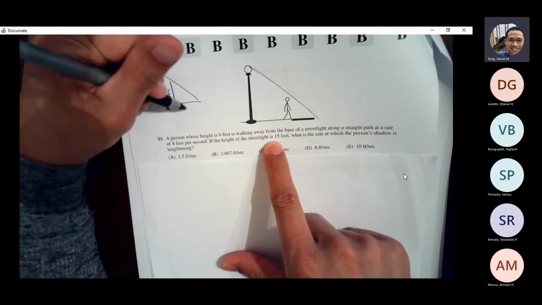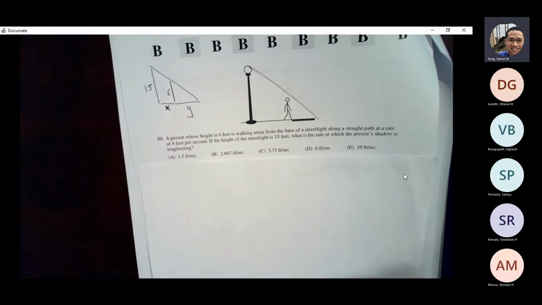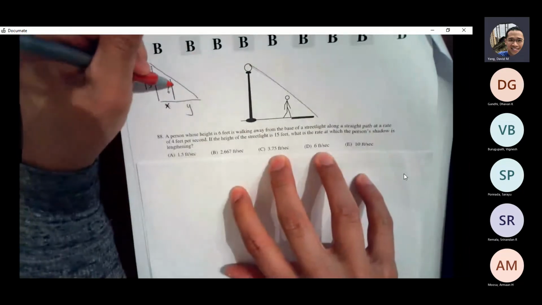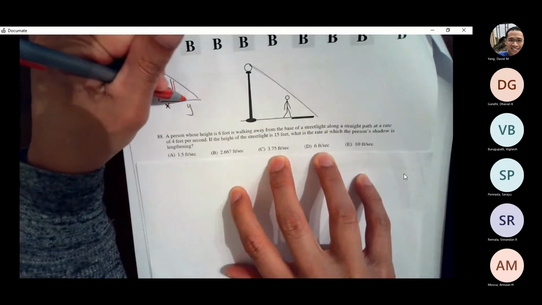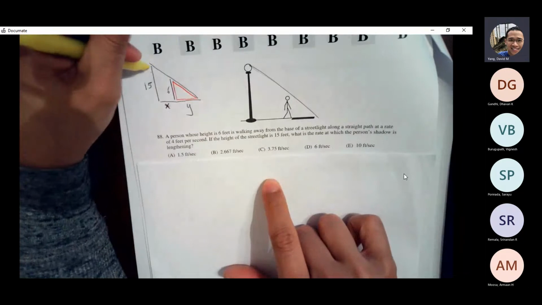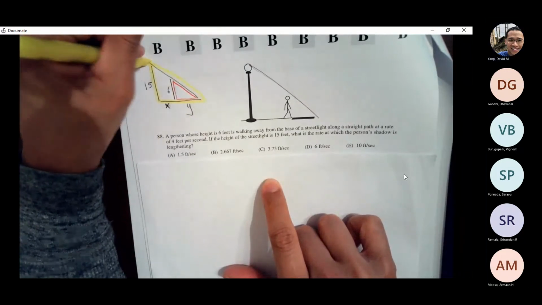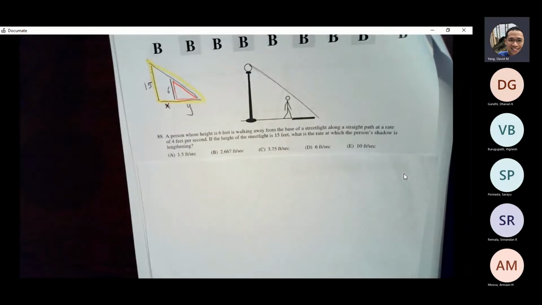So I like to go ahead and label this X and Y. I'm going to create my similar triangle here. There's a triangle here in red, and there's also a triangle here I'm going to highlight in yellow. And I'll set up my proportion here.